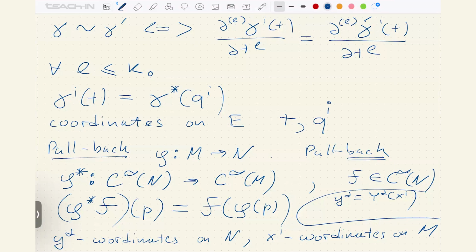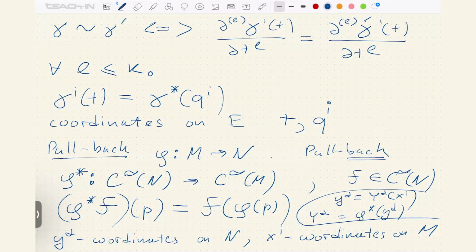So what is the meaning of these functions, capital Y? If we take a point with coordinates x, the Y of x give the coordinates of the point phi of x. That's what we usually do. But an alternative way to write it is to say that these y^alpha, considered just as functions on M, are just phi star of y^alpha, because coordinates are also functions.